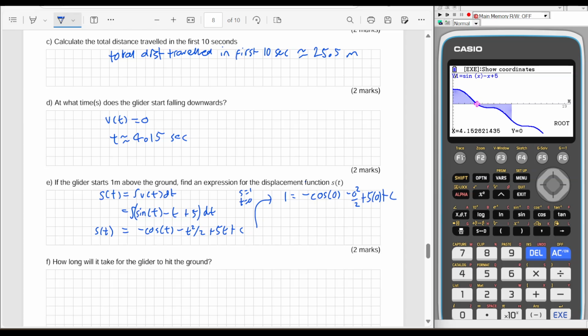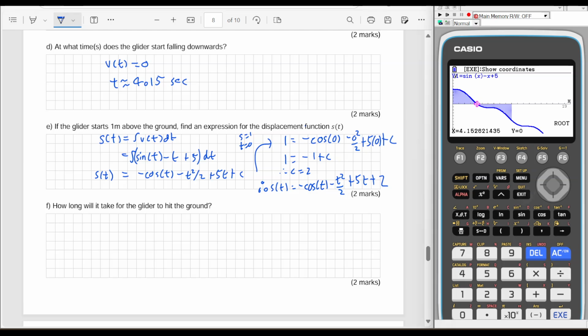Now you got to be careful because cos of 0 is actually 1. 1 is minus 1 plus c. So c is actually 2. So s of t is minus cos of t, take t squared over 2, plus 5t plus 2.